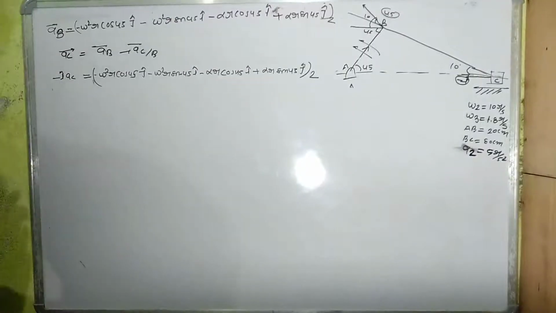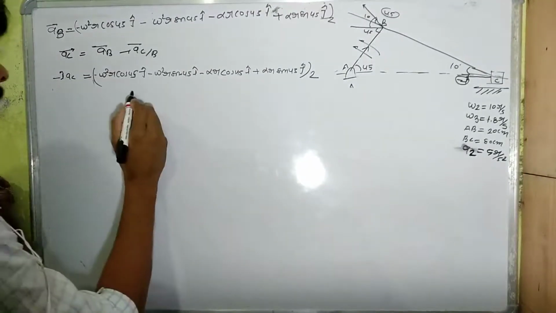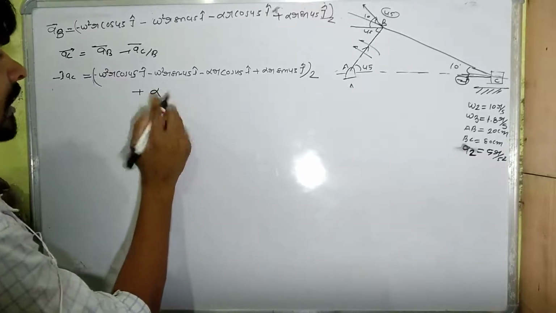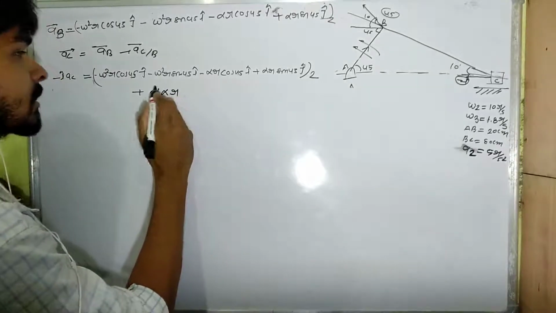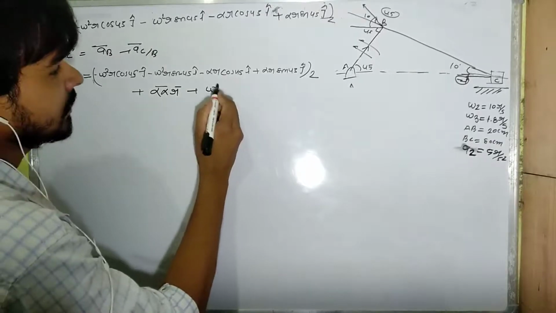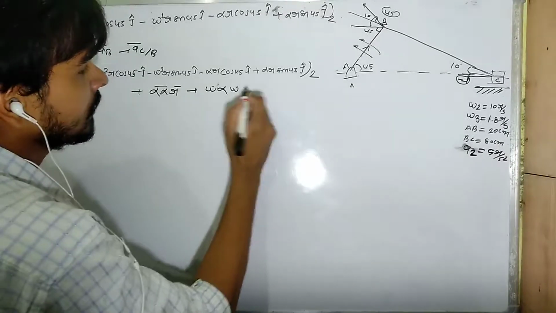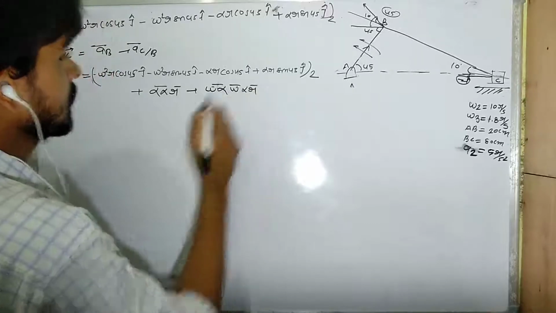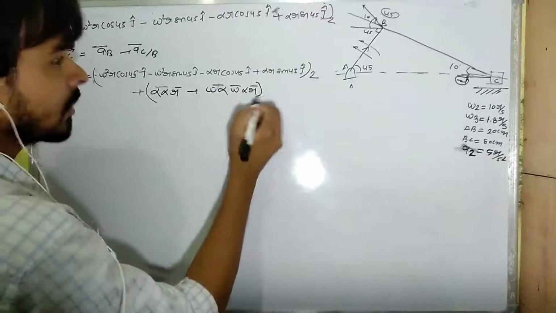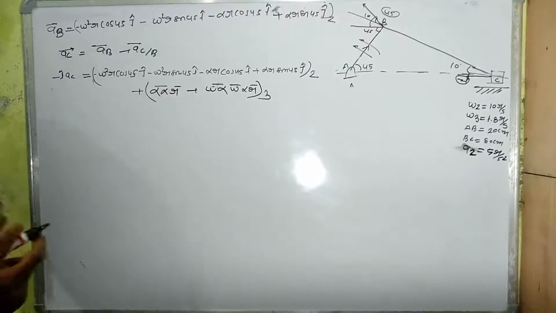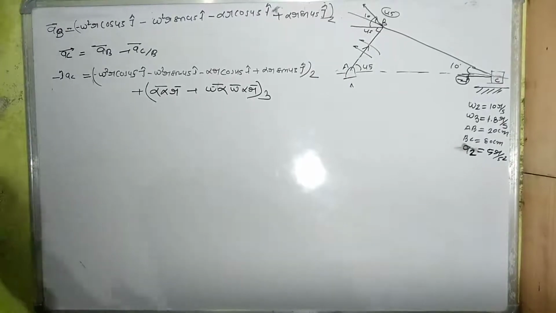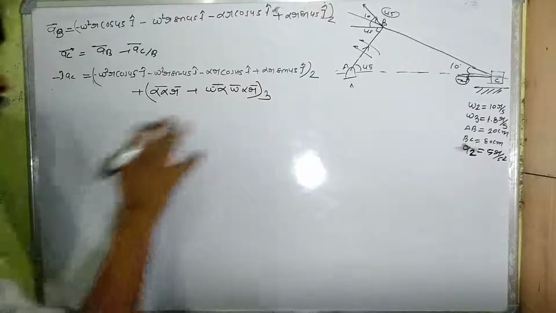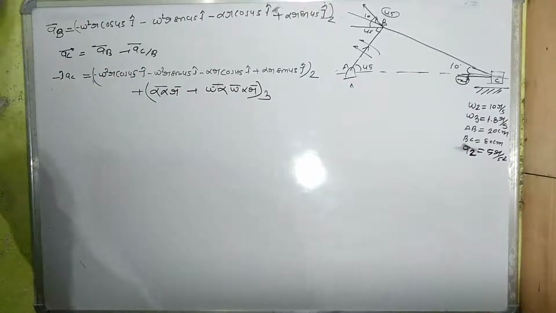But acceleration of C with respect to B you can write alpha cross R plus omega cross R, but it is for link 3. Okay, so you have to write it in IJK form.